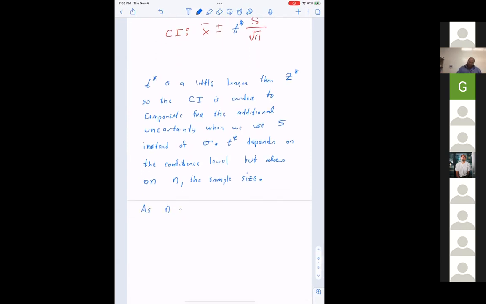As N gets larger, T star approaches Z star. So the larger the sample size is, the less the uncertainty matters, and T star hones in on Z star. Does that make sense? Yes.